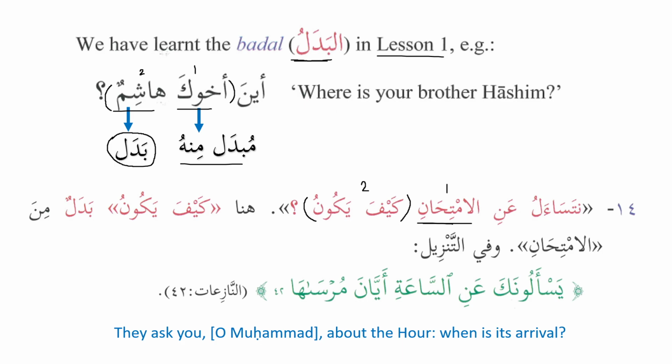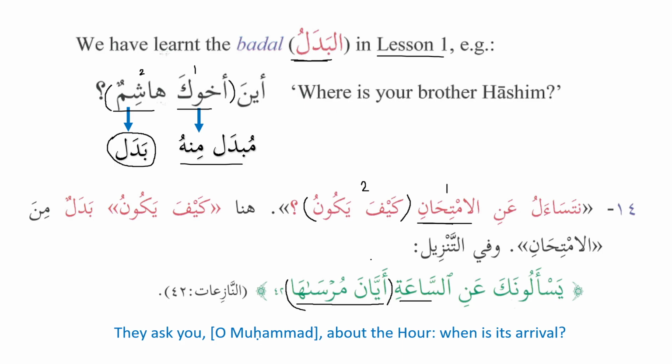So the first noun that has been mentioned is as-sa'a, and as we know, the non-believers during those times did not have any doubt about the hour. Their focus was, is it going to happen, and if it is going to happen, when is it going to happen, and that's why they would ask Prophet Muhammad sallallahu alaihi wasallam about it. So anis-sa'ati is the mubdal minhu, and ayyana mursaha is the badal.